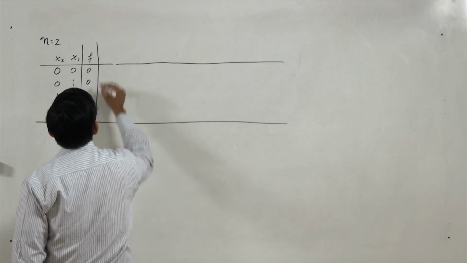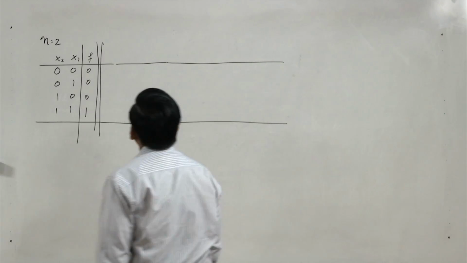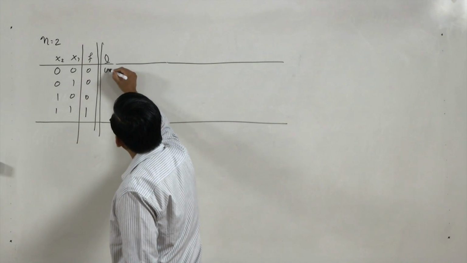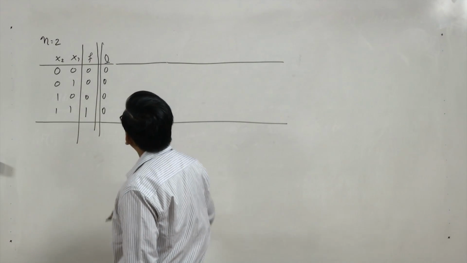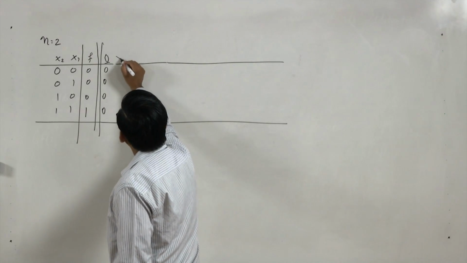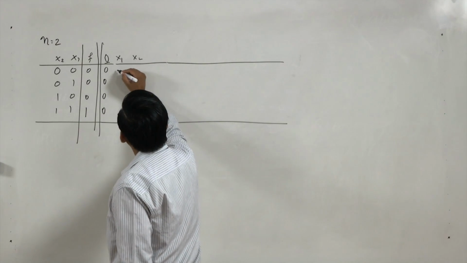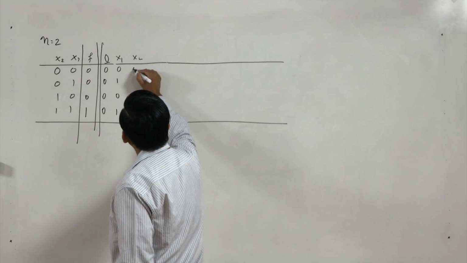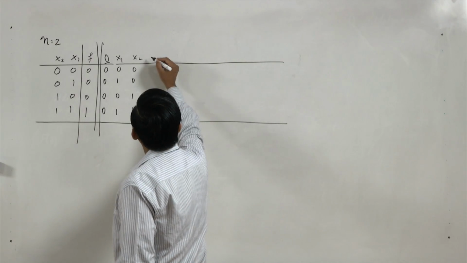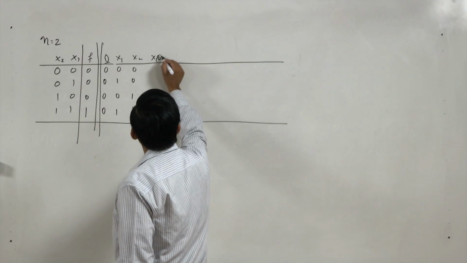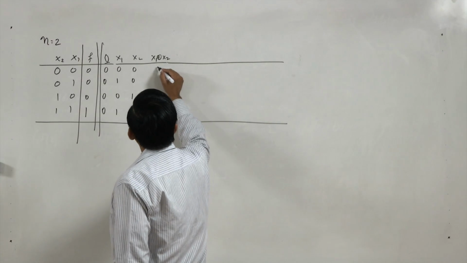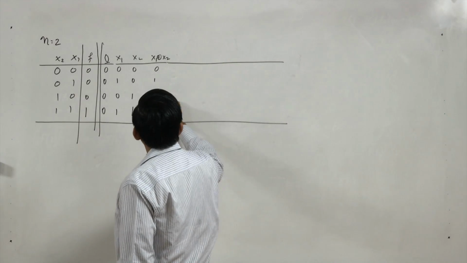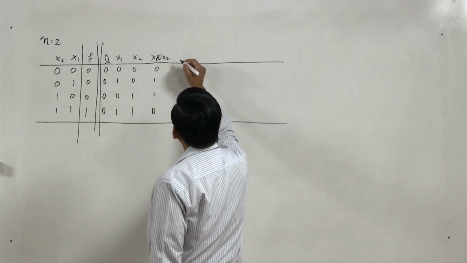This is my function, and I will now list down all the affine functions. I have got one special function which is all 0. So, I write all 0 over here, and then I have got the functions x1 and x2. So, x1 is 0 1 0 1 and x2 is 0 0 1 1, and I take x1 XOR x2, this is 0 1 1 0, and then I take the complement of all these functions.